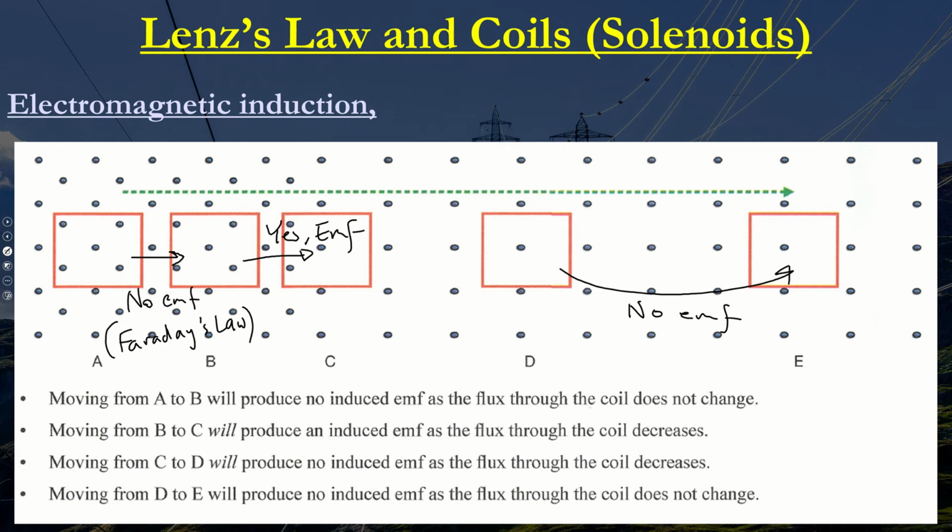As you can see, that's still the same magnetic field density. If we go from C to D, there's no EMF produced there either.